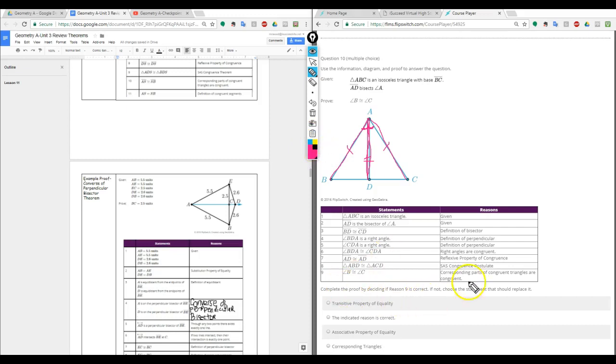So then it's asking if our reason in number 9 is correct. And yes, because this angle's corresponding angle would be angle C. So the indicated reason is correct.